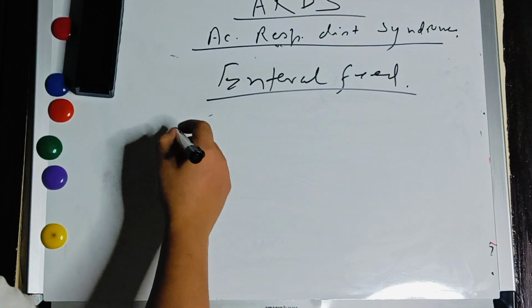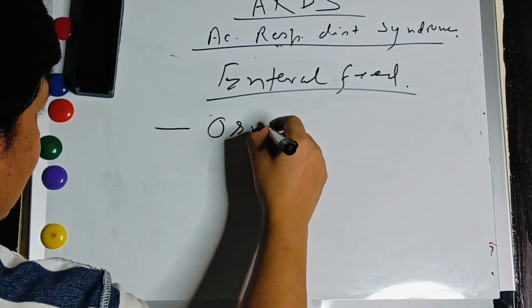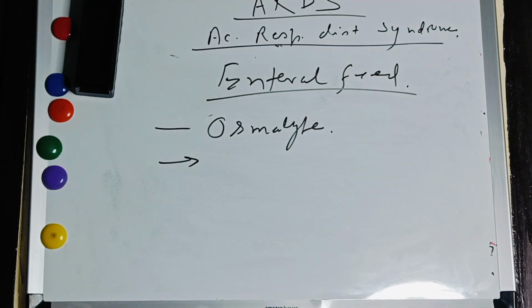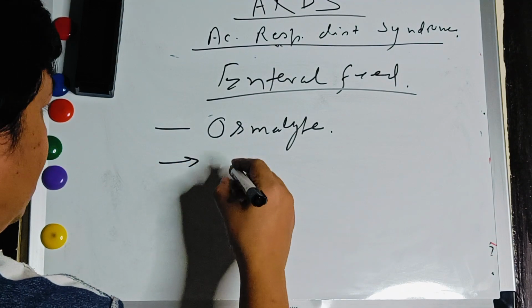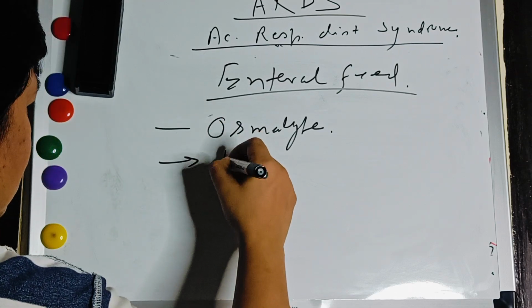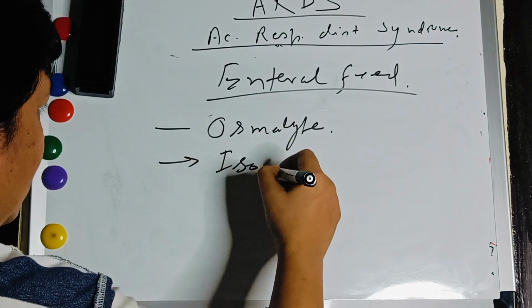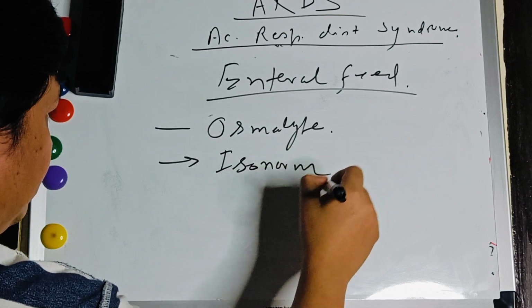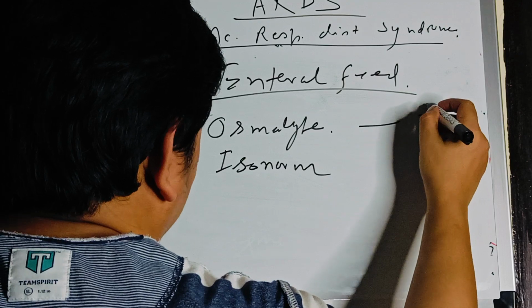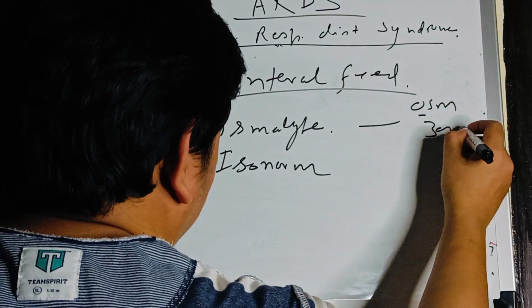The names of some enteral feeds are Osmolite, Isosource, and the osmolality is around 300 milliosmoles.